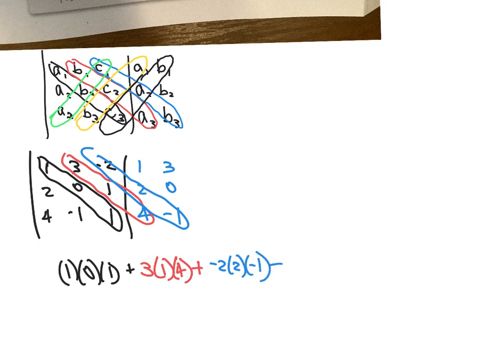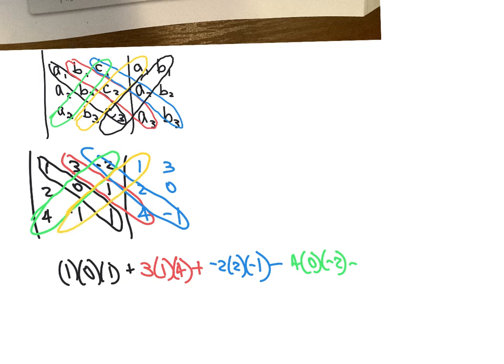Then I'm going to subtract. Get my pen out here. Okay, so then I'm going to subtract the product of those. So 4 times 0 times -2, which will automatically just give you a 0. Then I'm going to subtract the next column. Let's do that in yellow.